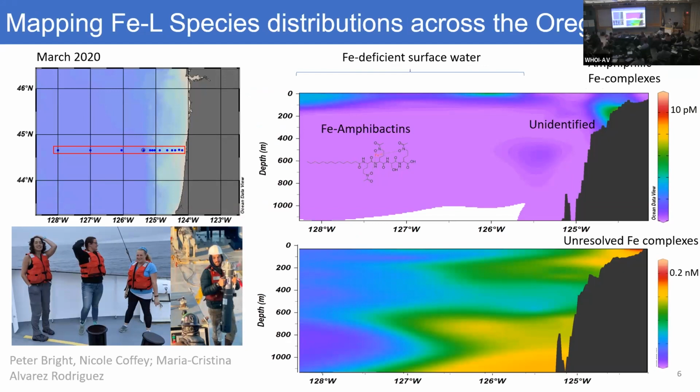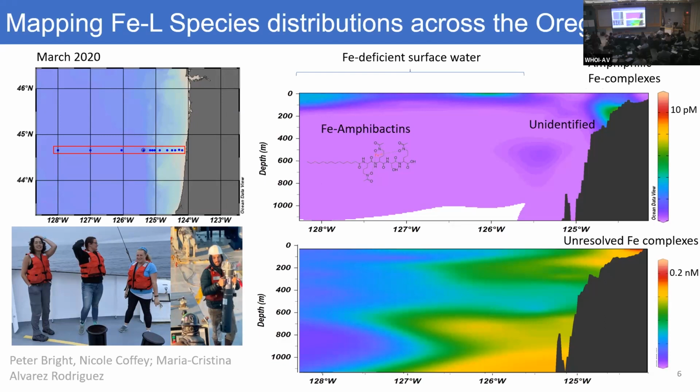So what we can start to do with these techniques is map out the distribution of these different metal forms and try to understand their different sources and sinks. That's what we did on this cruise in 2020 along the Oregon coast. This was a cruise led by Jim Moffitt, where we sampled across the Newport hydrographic line going from the coast out to the California current.